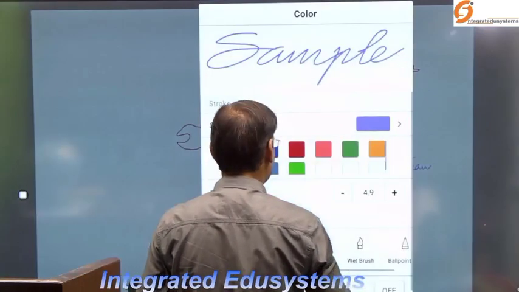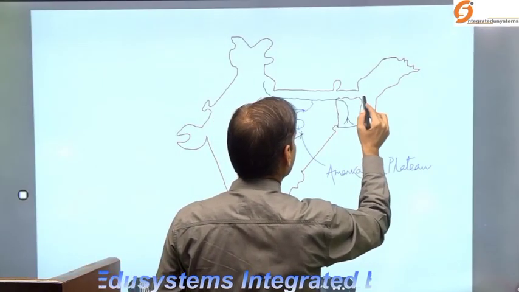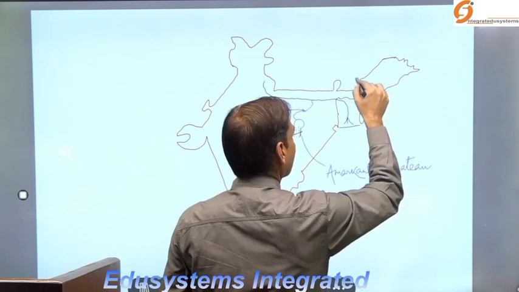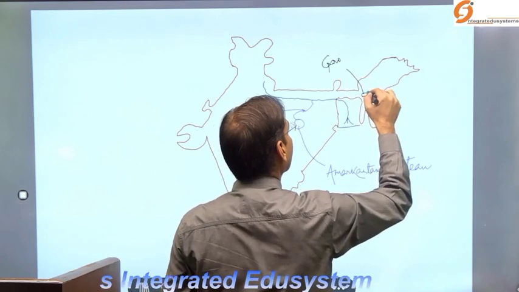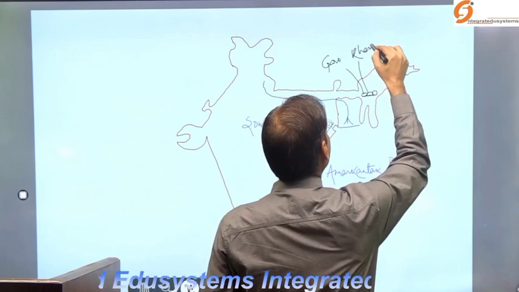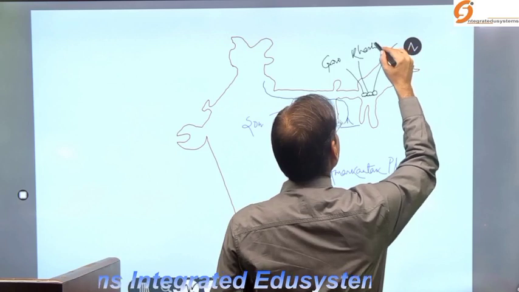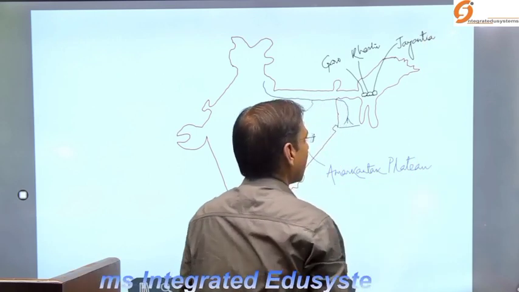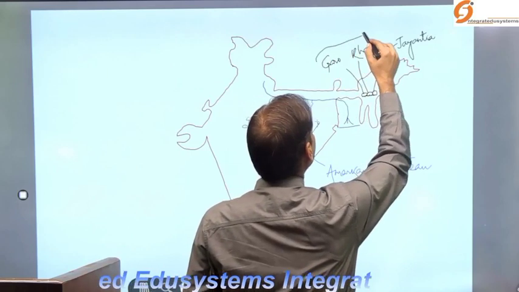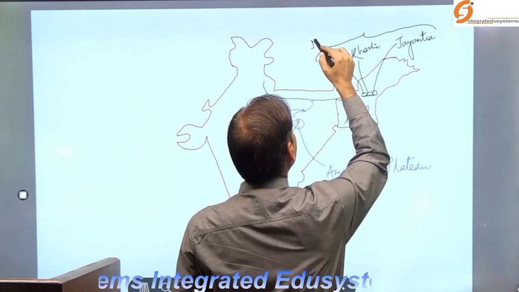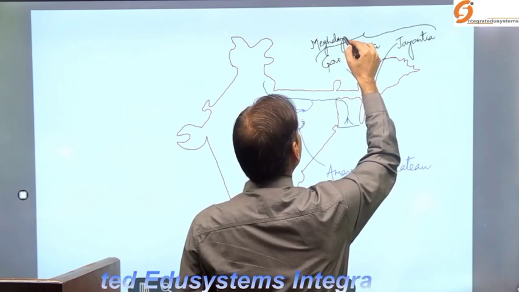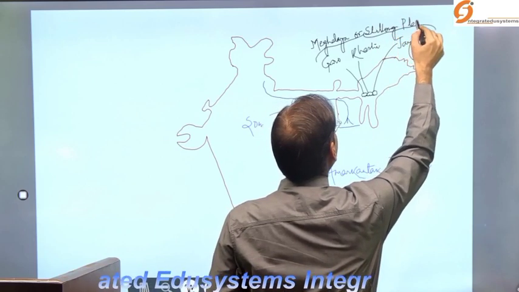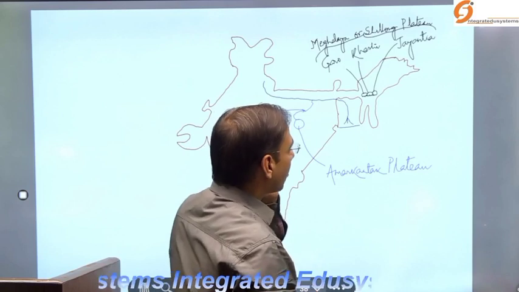Now here Garo, Khasi and Jayantiya. Meghalaya or Shillong Plateau.